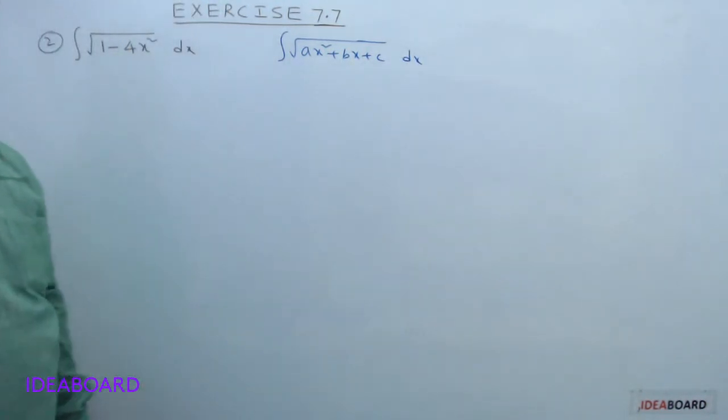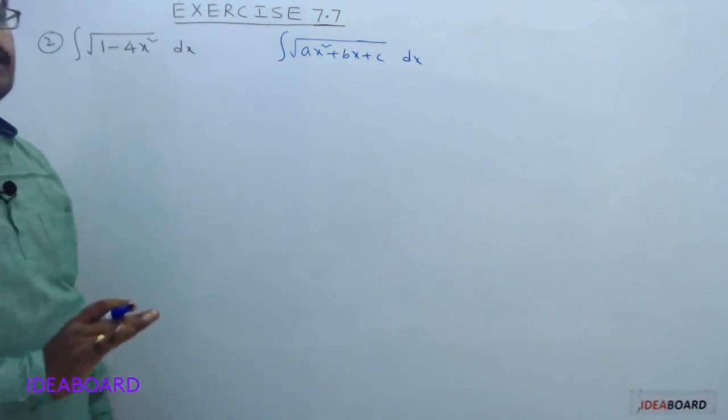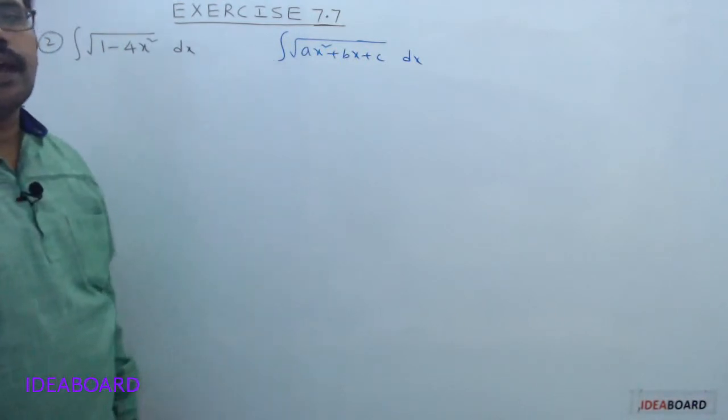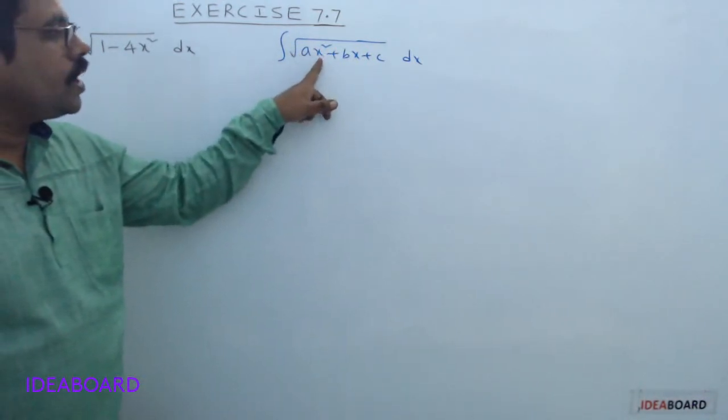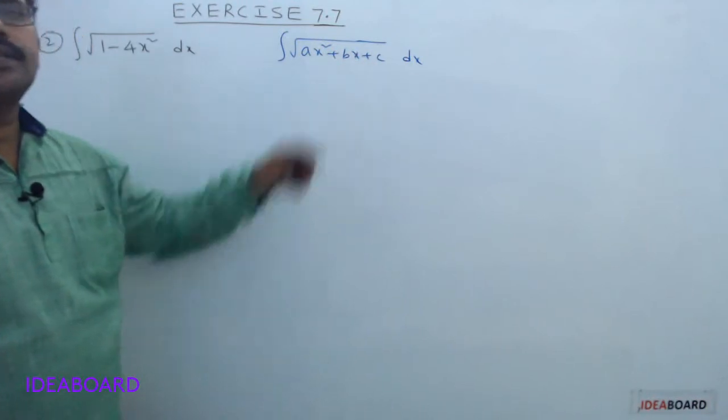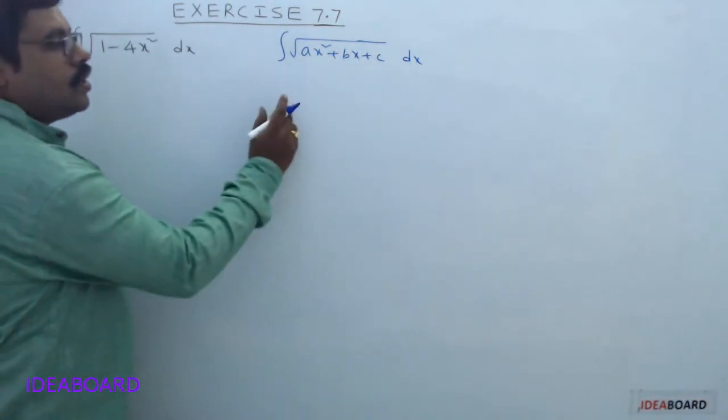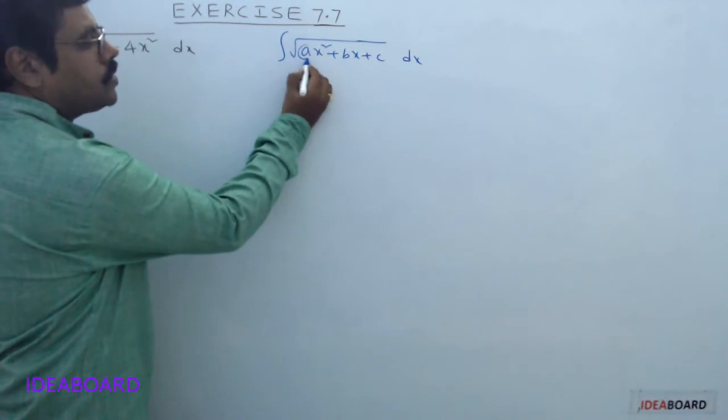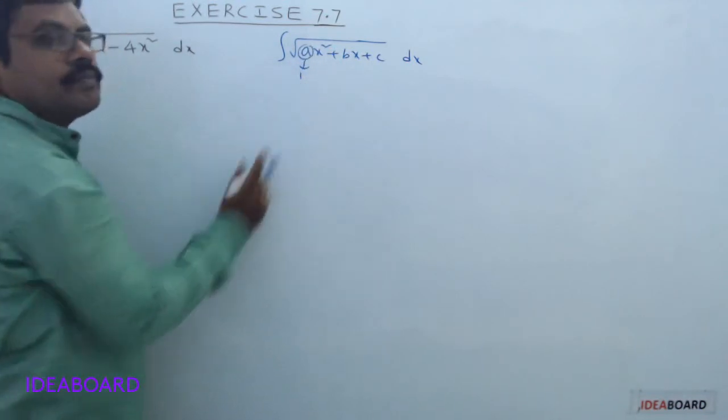Now what is the procedure to evaluate the integrals of the type square root of ax square plus bx plus c? First make the x square coefficient unity.